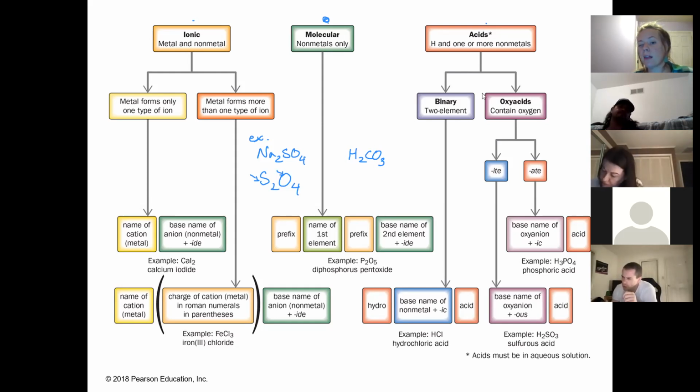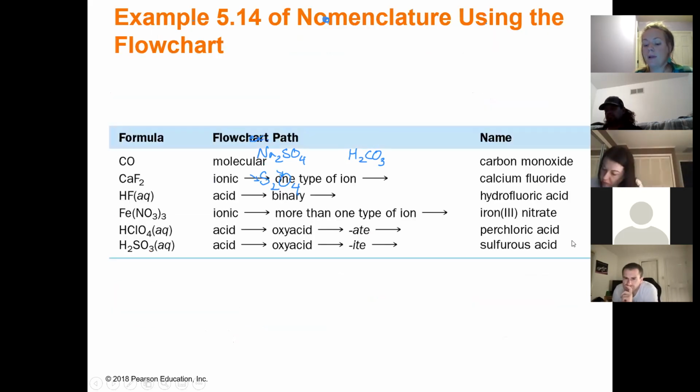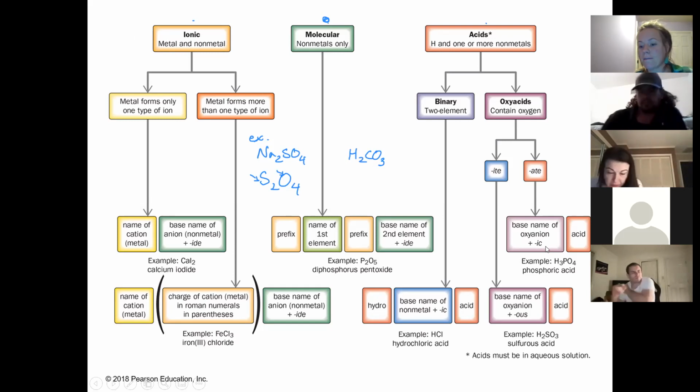Anytime it's got one of those polyatomic ions, we go over to the oxyacid section. This thing here is called carbonate, so it ends in -ate. So I know I need to go with the base name of the oxyanion, carbonate. We'll go with carbon, and we -ic it, carbonic acid. Carbonic acid. You guys seeing how to work this chart?